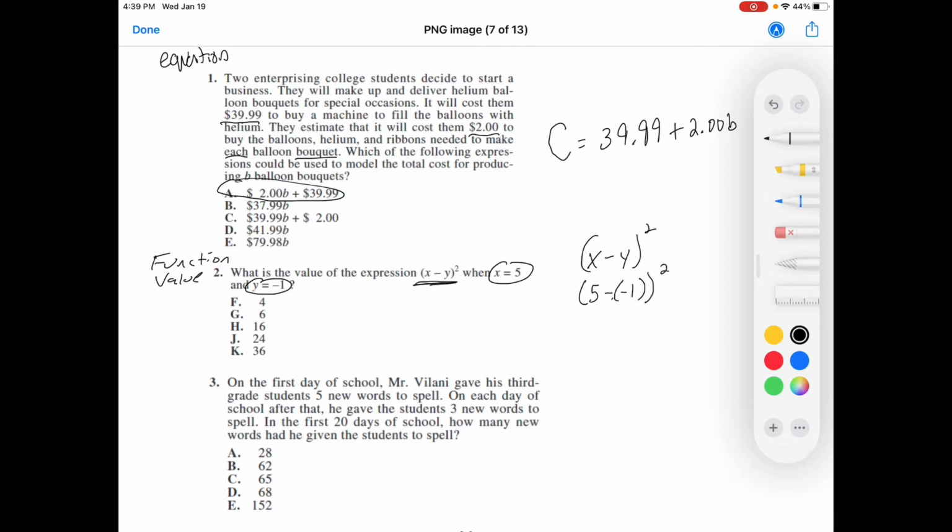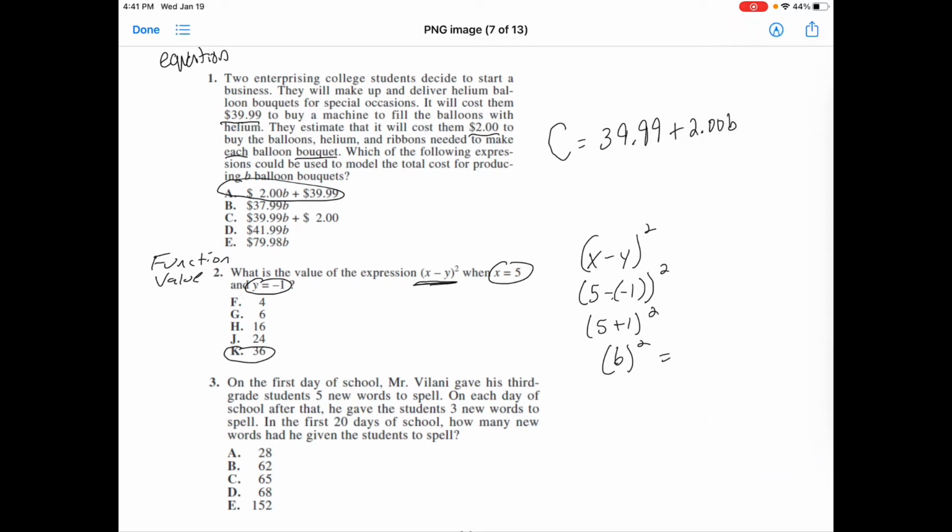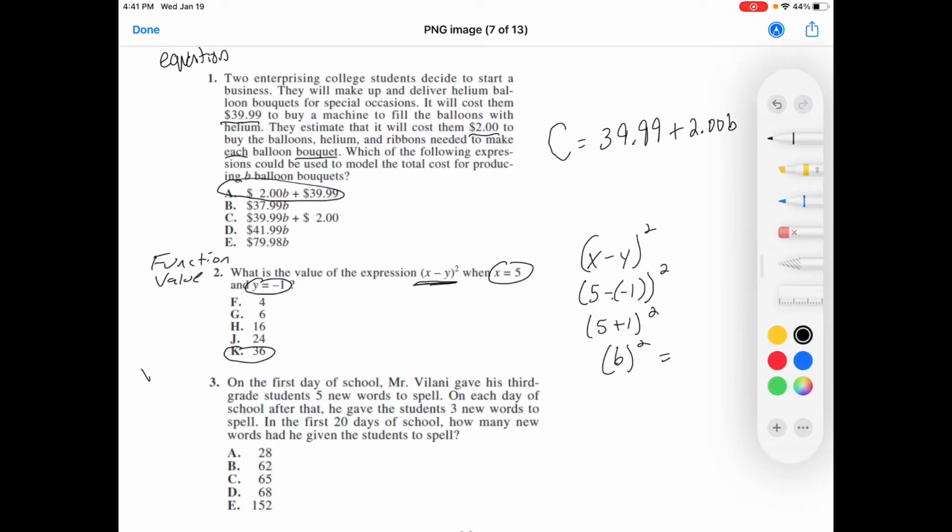And then we're going to square that. So let's do inside the parentheses first. 5 minus a -1, that's like -1 times -1. So that's going to be 5 plus 1, which gives me 6 squared. And that equals 36.